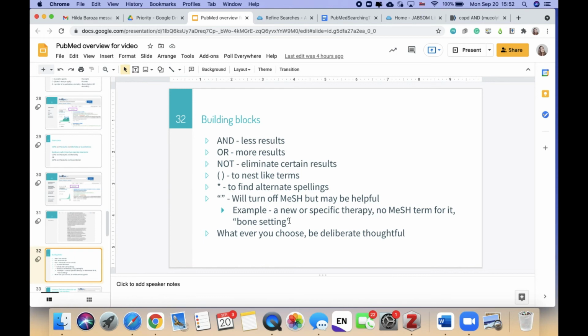And if you search bone setting without the quotations, it's going to search for bone and setting. It breaks the concept apart. But this being a really specific concept, in this case, we'd want to use quotations around it, knowing that we aren't turning off any of the mapping that PubMed tries to do for you. So whatever you choose, be really deliberate and thoughtful about it.